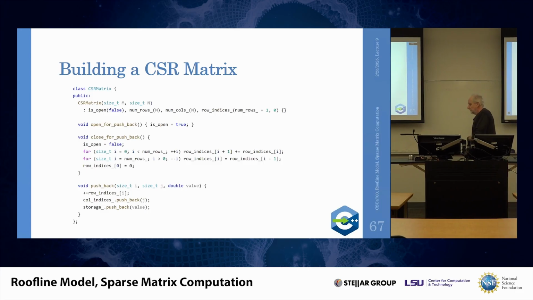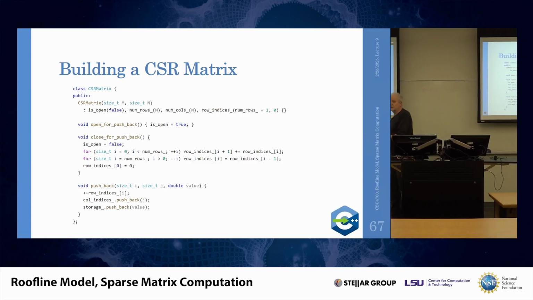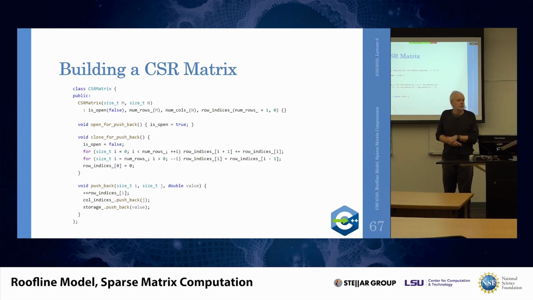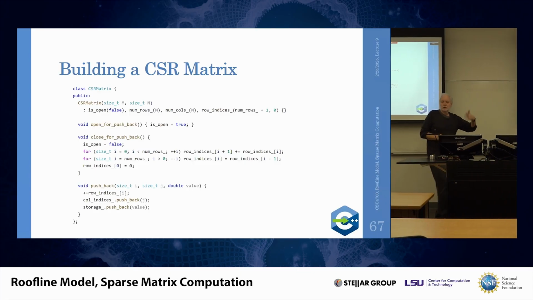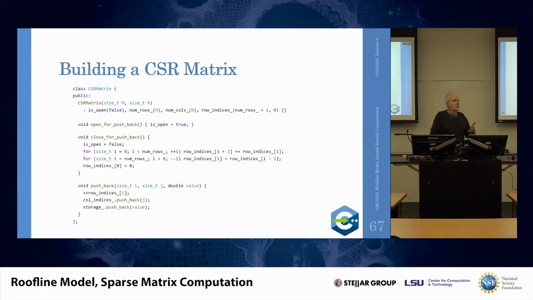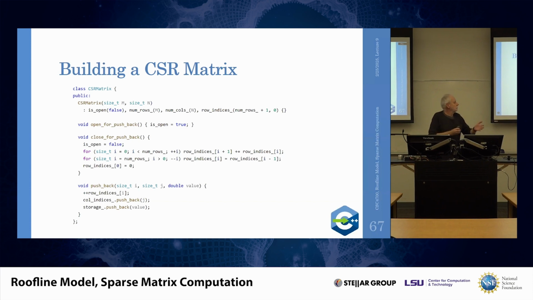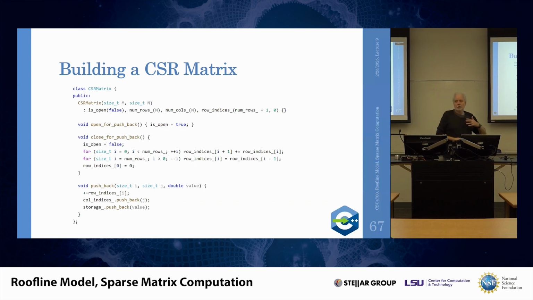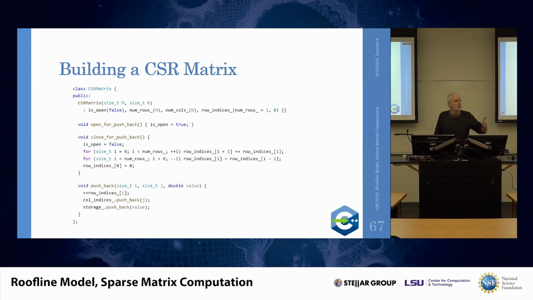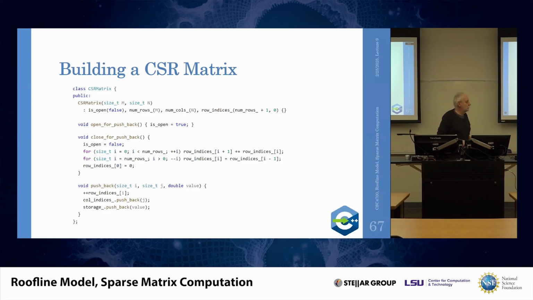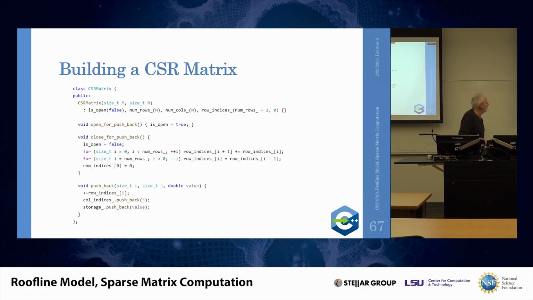One question that is still open is, how do you build a CSR matrix? Because just by pushing back values into the CSR matrix, we don't get that compressed representation. So what people do, they first fill it with triplets of values, very much like the COO format.